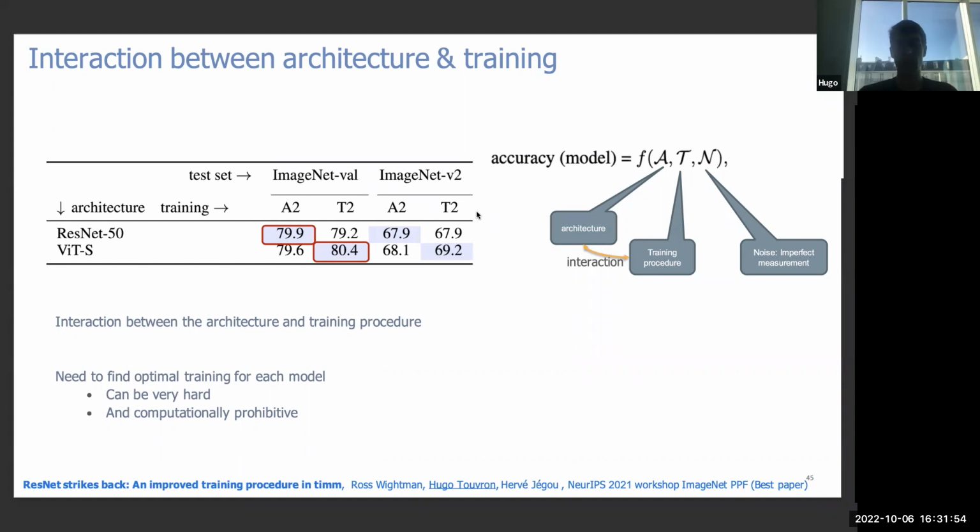And it can also be computationally prohibitive, because if you have to readjust all hyperparameters and all training components for each baseline you consider in your paper, it can be very expensive in terms of experiments and compute. So there is a strong interaction between architecture and training, but it can be hard to take this properly into account in practice.